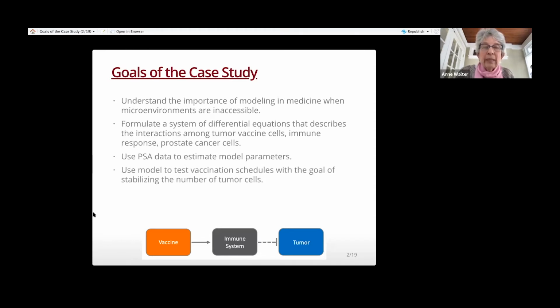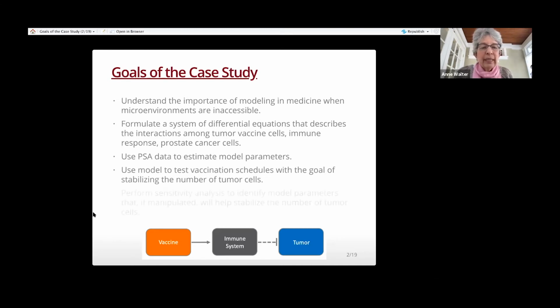The strategy for the therapy is to give a vaccination, and the vaccine is essentially dead prostate cells, which will cause an immune response. We give vaccination on a schedule.